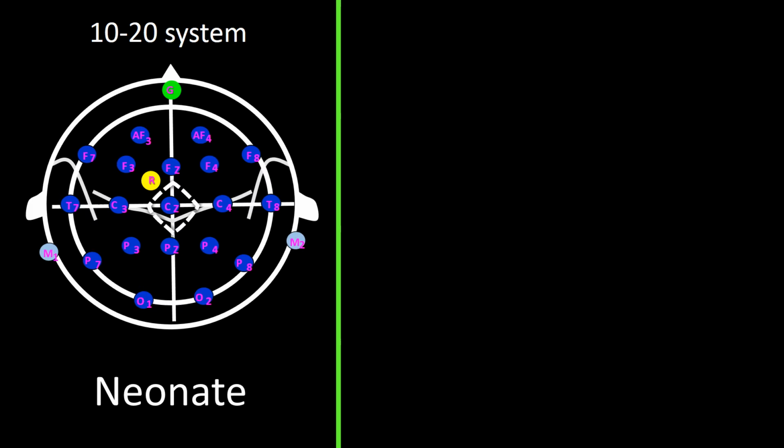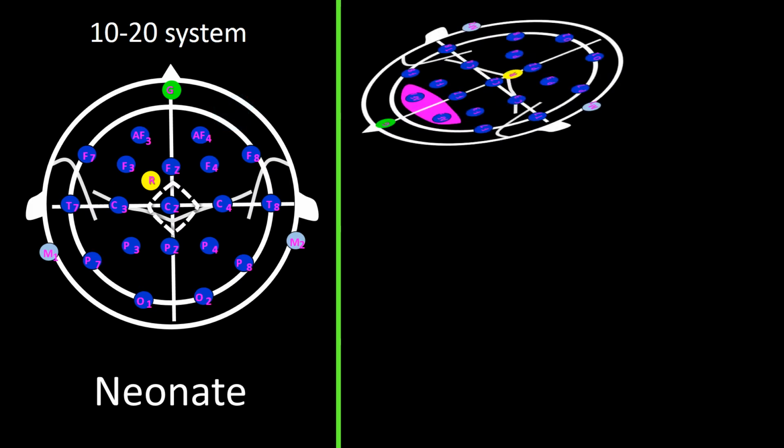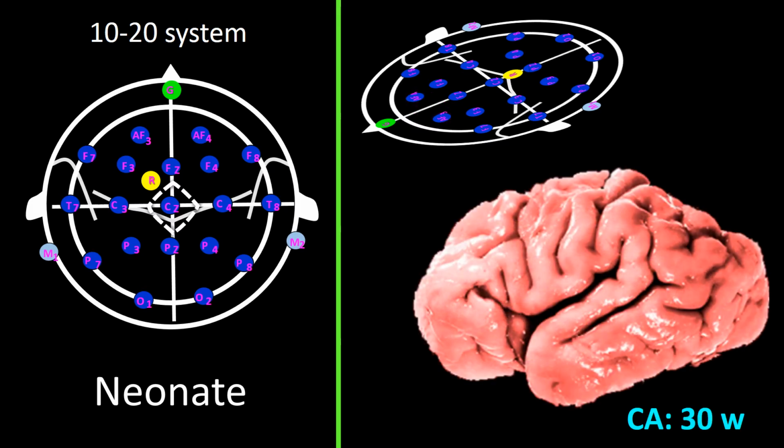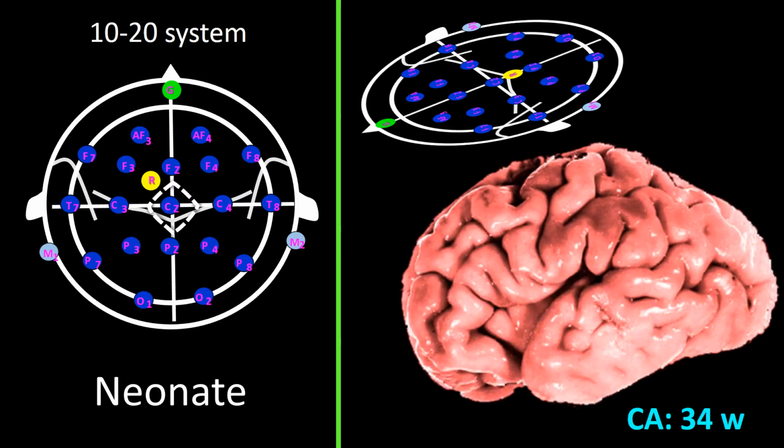The main difference between electrode placement in an older infant and a neonate is the use of AF3 and AF4 electrodes. This is done for two reasons. The first reason is that the frontal pole of the neonatal brain is considered less active, certainly at 28 weeks, but also at 30 weeks and even at 34 weeks of conceptional age.